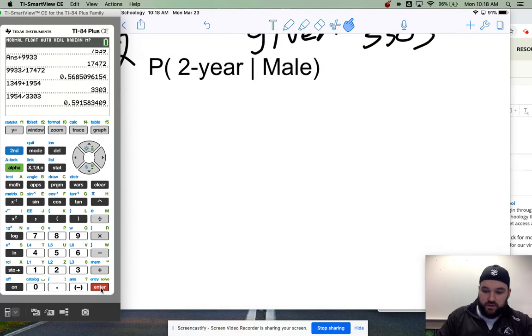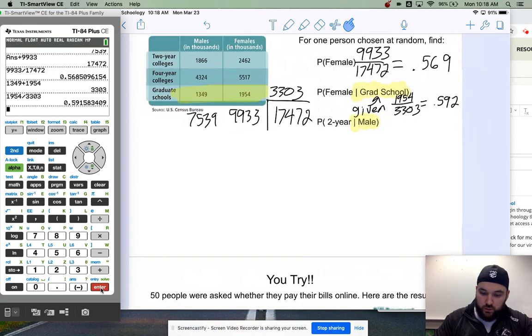Okay, and then one more example of this is what's the probability that you choose someone who's going to a 2-year college given that they are a male? Okay, so again, I'm going to narrow down my scope. I am not looking at all students. This is saying of the male students, if you're choosing just a male student, what is the probability that they go to a 2-year school?